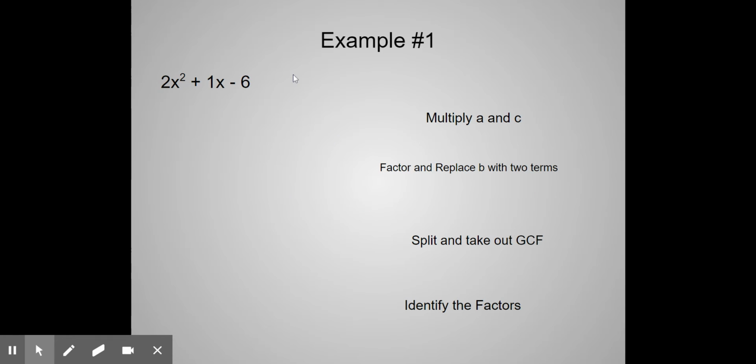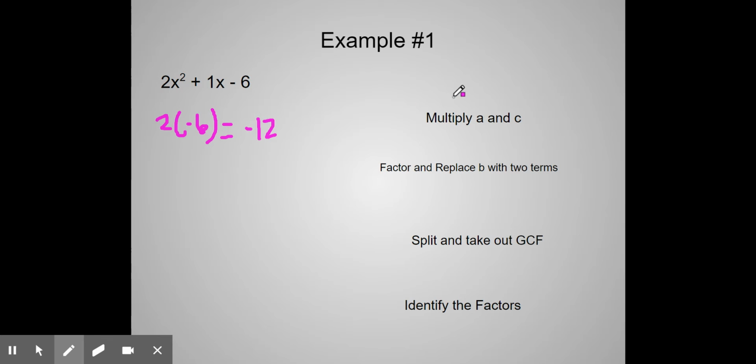So here's our first example. Okay. So the first thing I want you to do is identify that a is not equal to 1. So in the past, we've just done 1x squared or just x squared, and we've gone through this process. So let's go ahead and do our first step here, which is multiply a and c. So we're going to multiply 2 times negative 6, and we're going to get negative 12.